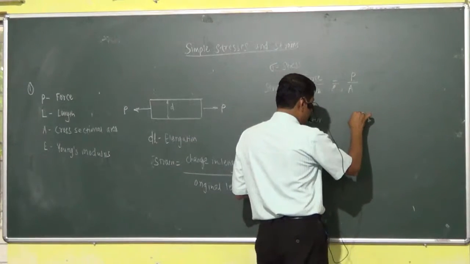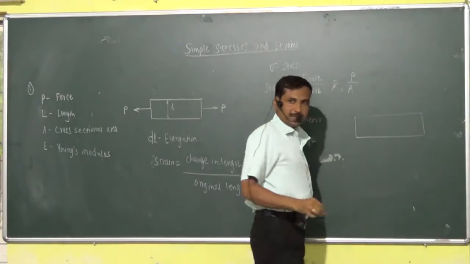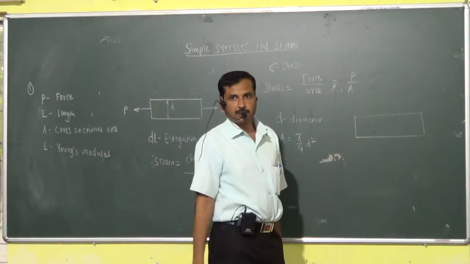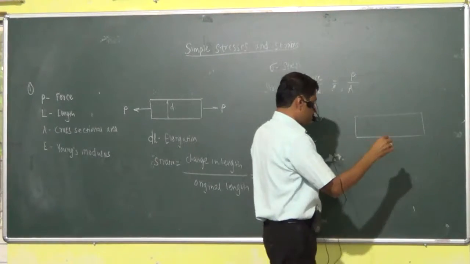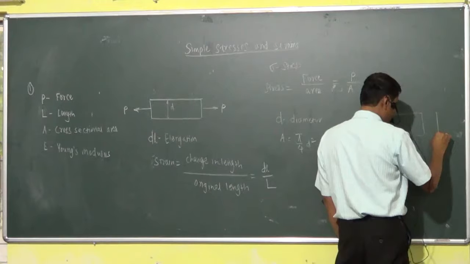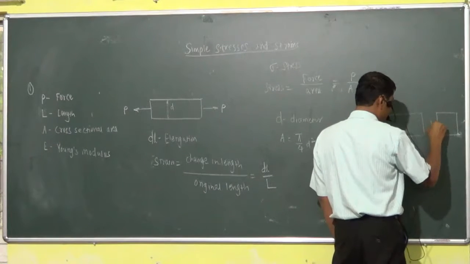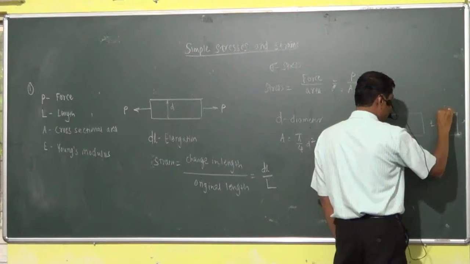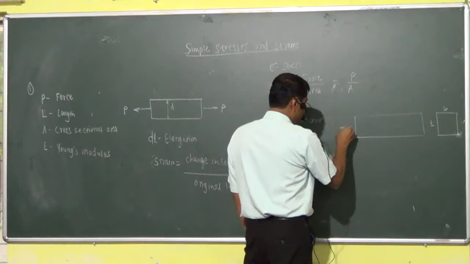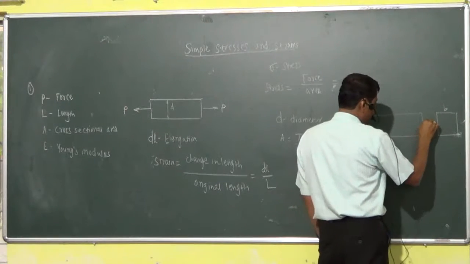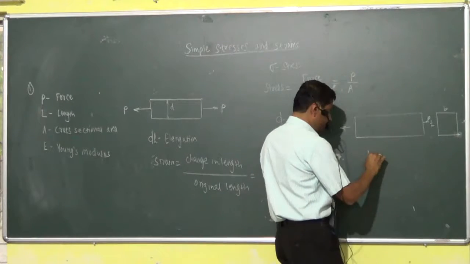Secondly, if suppose any bar with cross-sectional area different than this round specimen, if suppose we are considering the cross-sectional area like this, T is the thickness and B is the width. For this, if suppose force P is applied on both sides, then area will be calculated based on this.